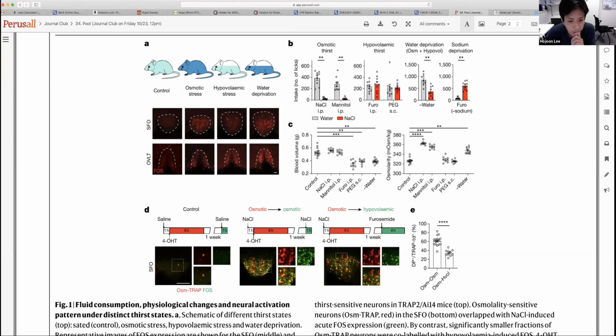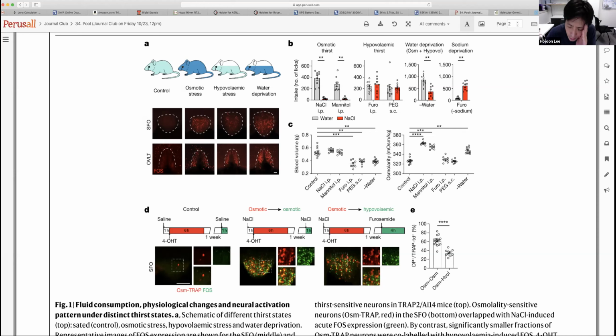You're saying why there's a delay, or what about, let's say, injecting the tamoxifen before the saline, or even at the same time as injecting the saline? Could be.